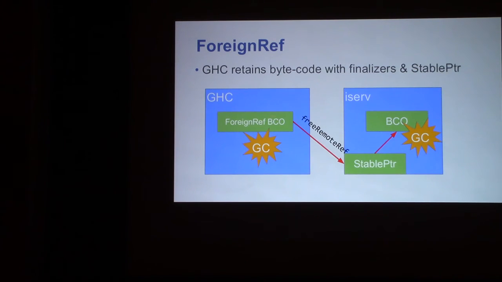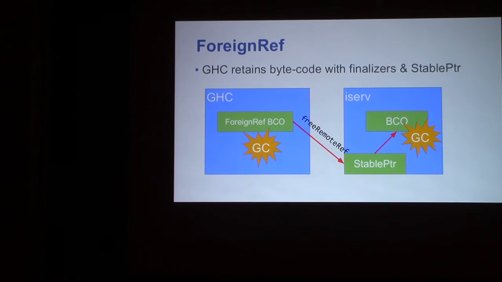We have these things called foreign refs on the GHC side, and a foreign ref is an object that has a finalizer attached to it. When a GC strikes and collects the foreign ref on GHC, that sends a message over to the iServe process saying, free this remote reference, and that goes to the stable pointer that's keeping the object alive on the iServe side. That stable pointer disappears, and finally the bytecode object in the other process can get garbage collected.